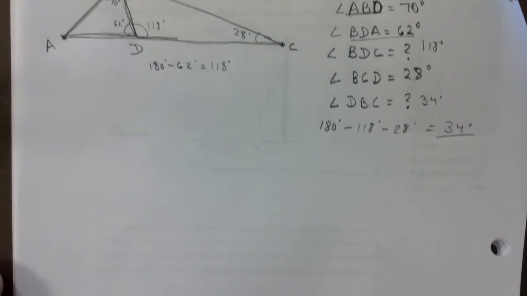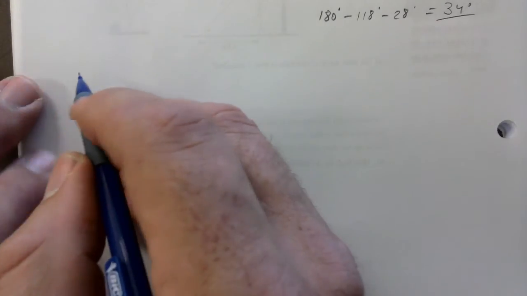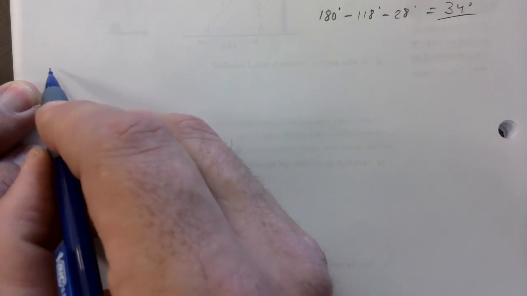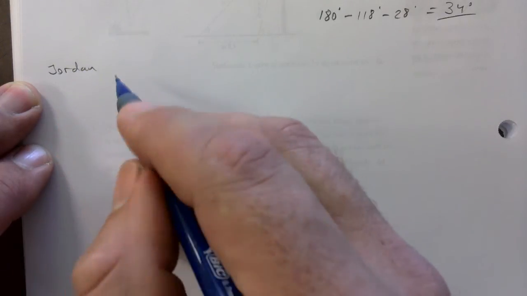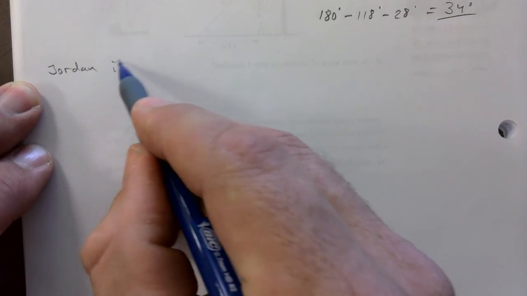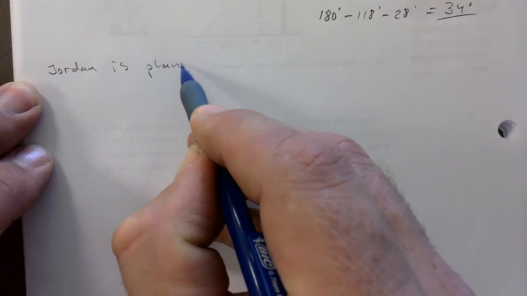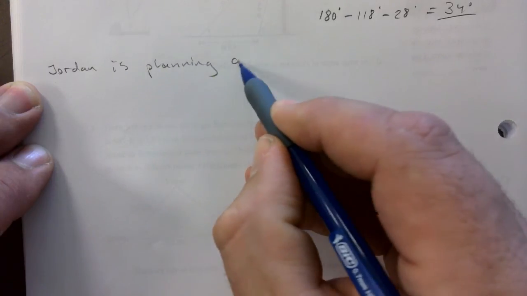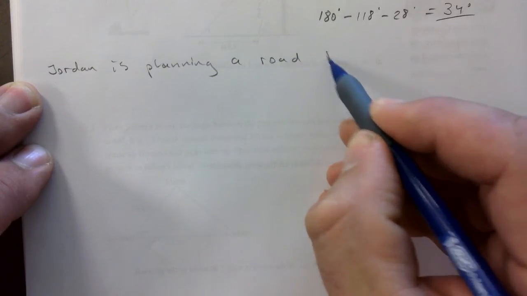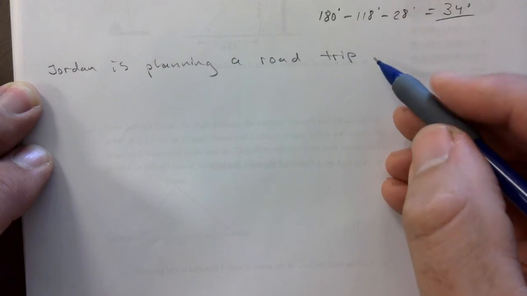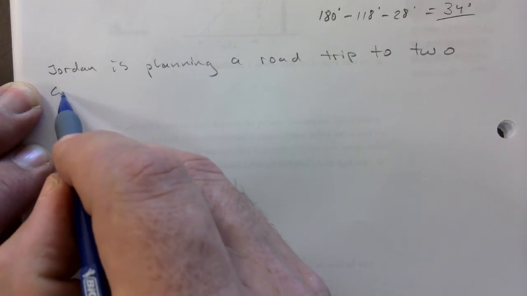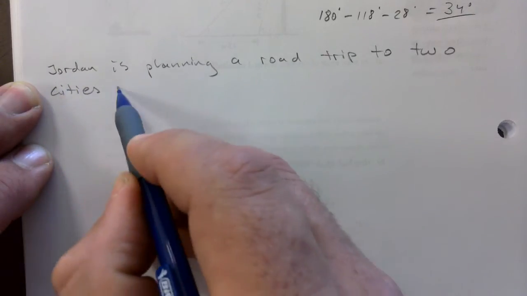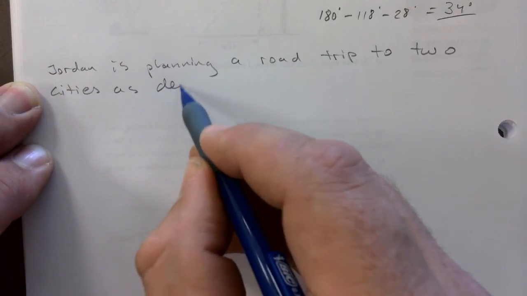Now we're going to do fuel economy. Okay, so Jordan is planning a road trip to 2 cities as depicted below.